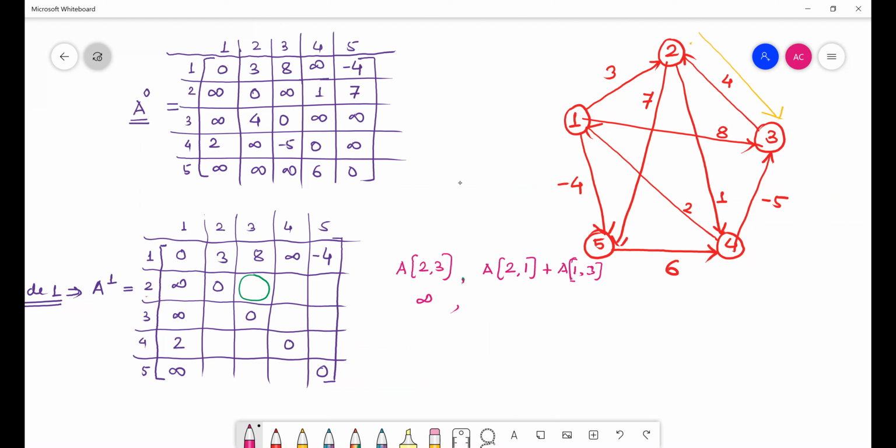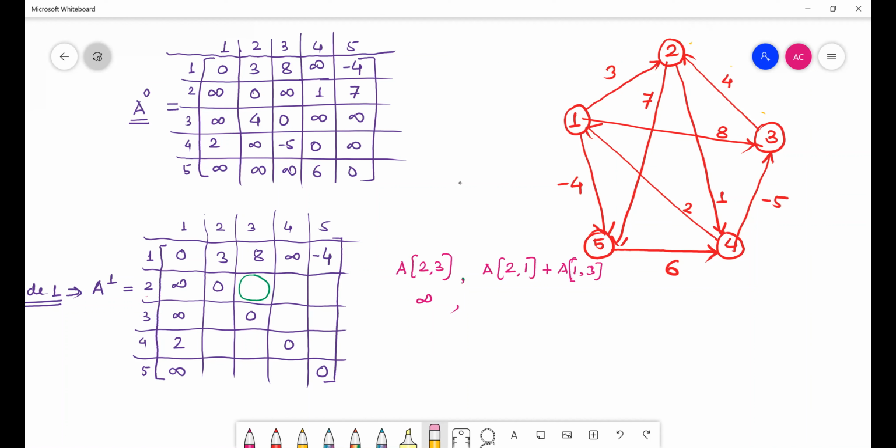We are going by procedure, right? So with procedure, what I need to calculate? A2 of 3. Either I can reach A2 of 3 directly, or I can go from 2 to 1 and 1 to 3. 2 to 3 is infinite because there is no directed edge.